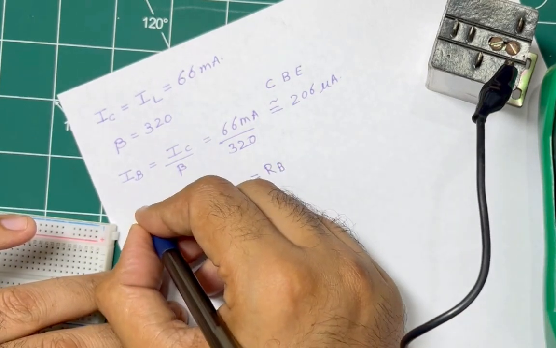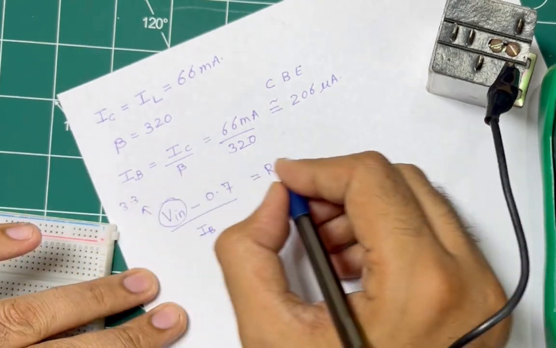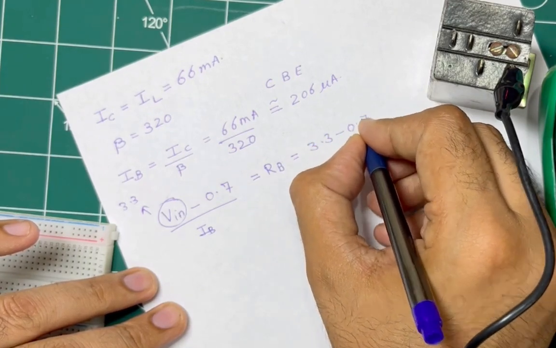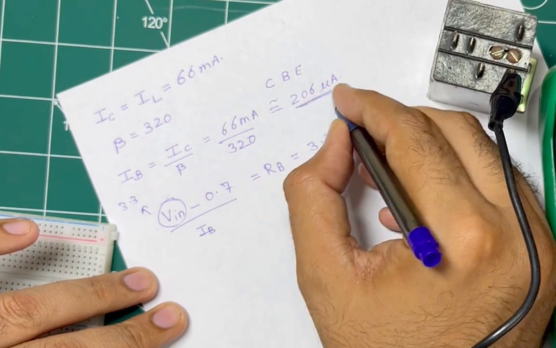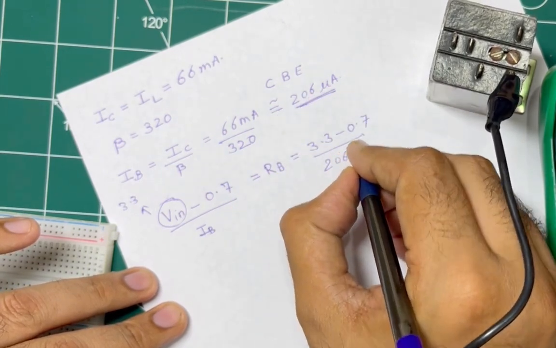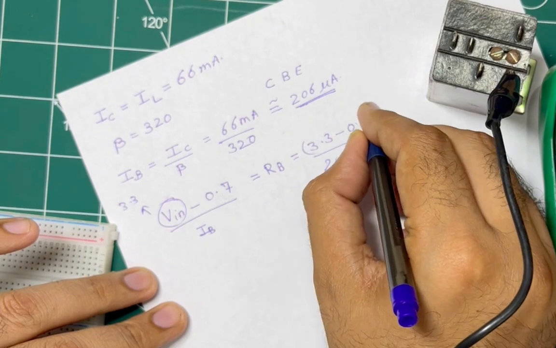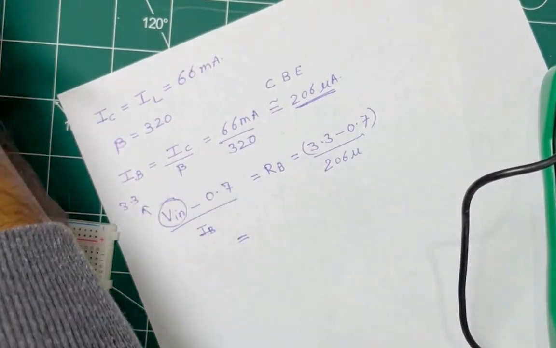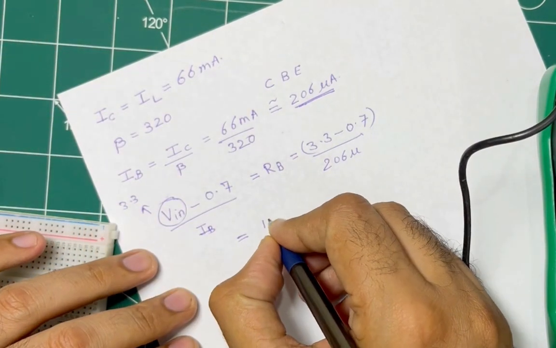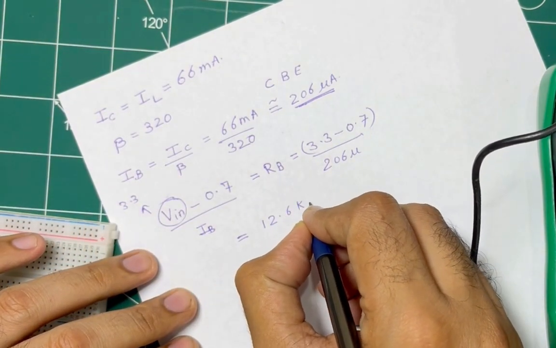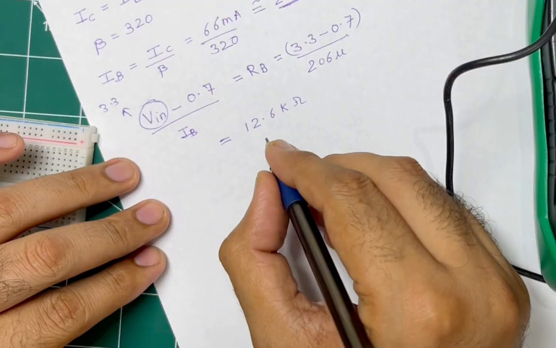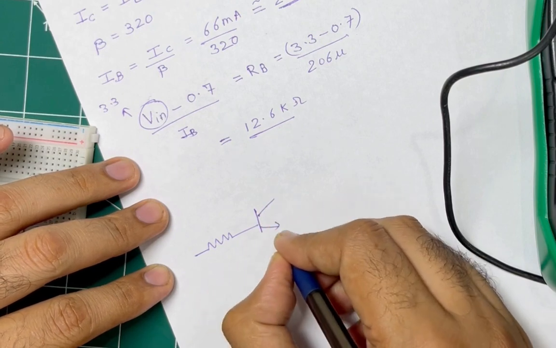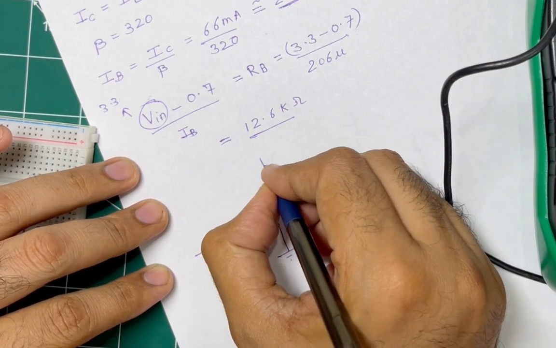Vin, since it's a Raspberry Pi, is going to be 3.3. So 3.3 minus 0.7 divided by the base current, 206 microamps, and if I complete this math, this will come out to be around 12.6 kilo ohms.